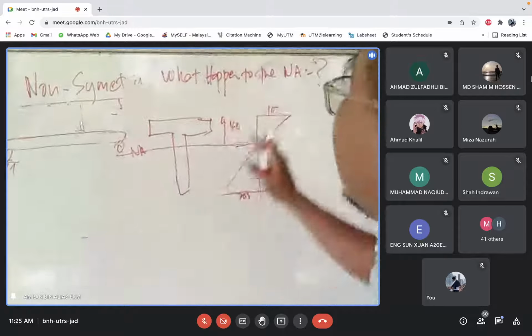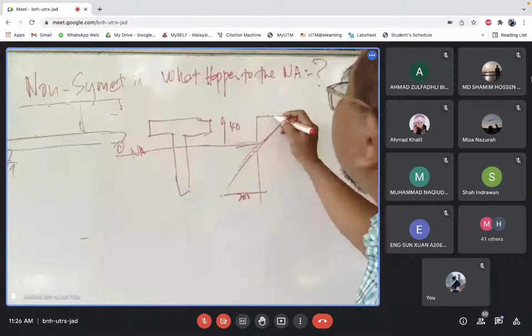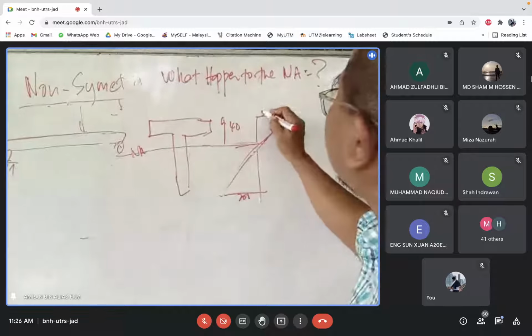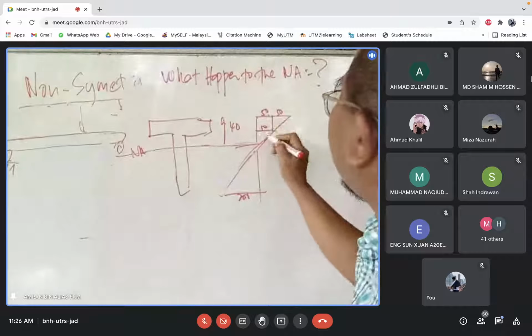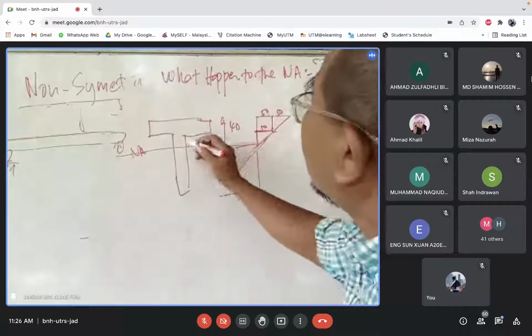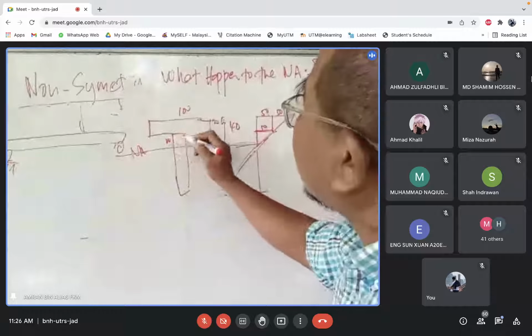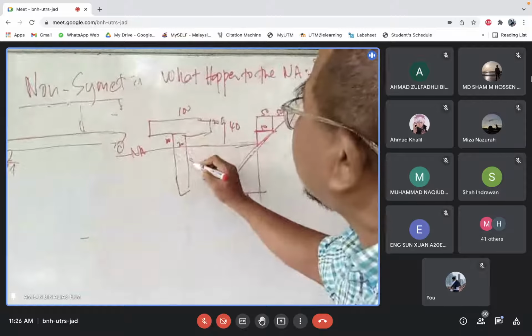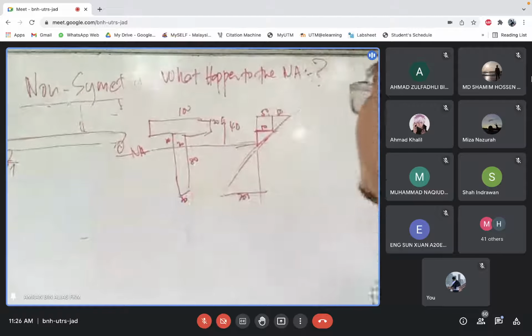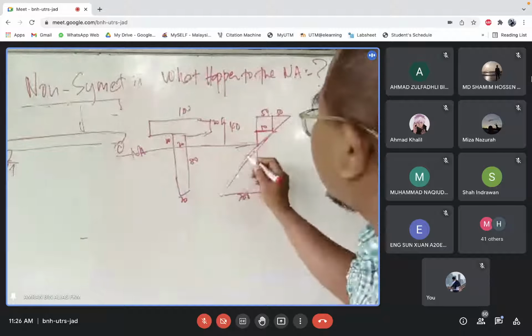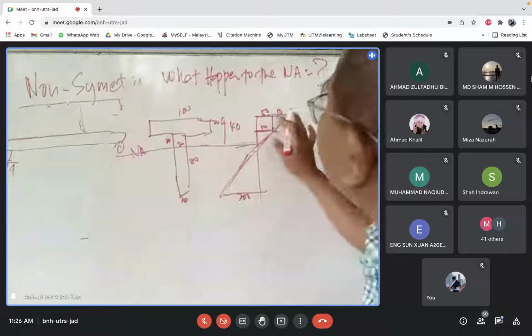Now, let us calculate that thing just now. This is 50, this is 50, 50 and 50 and 0. The area: 100 times 20, 20 times 20. This is 80 times 20. This is 200, this is 100. 100 does not exist anymore.